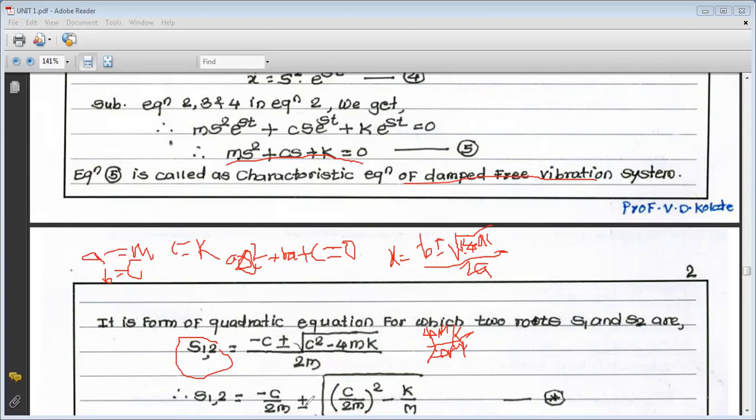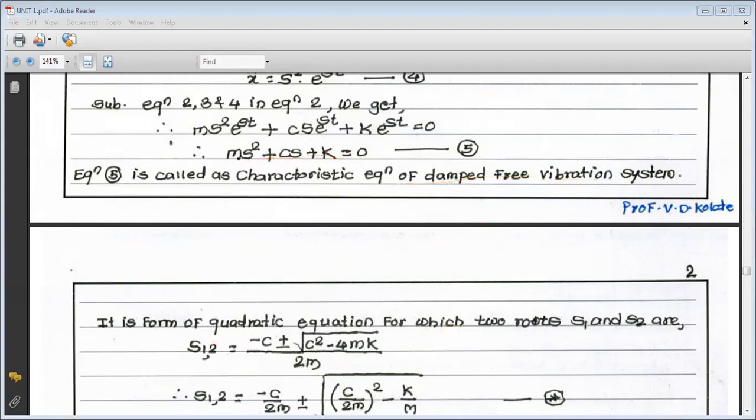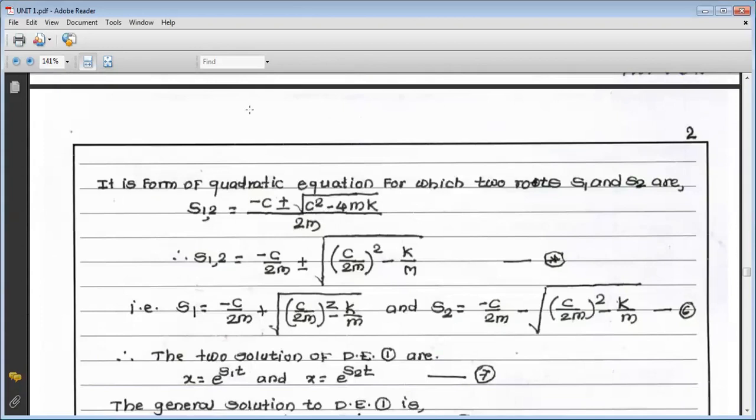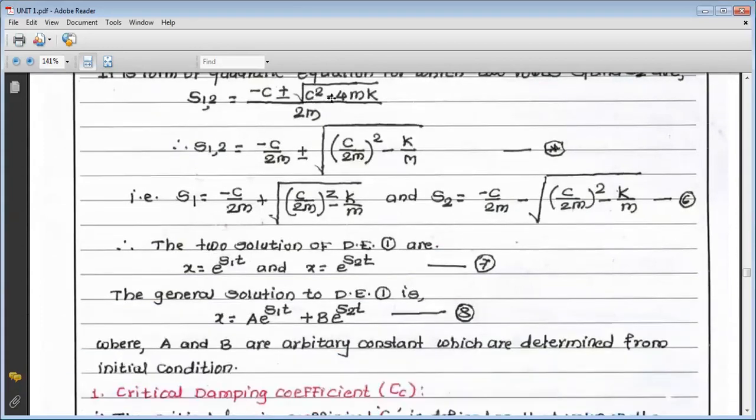Plus is replaced by minus. So these are the two roots.